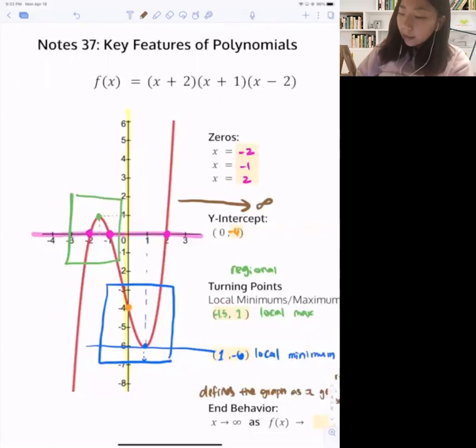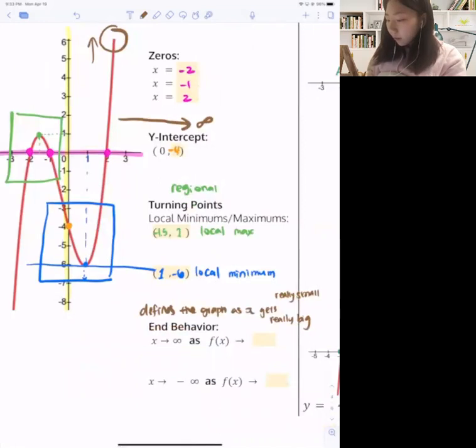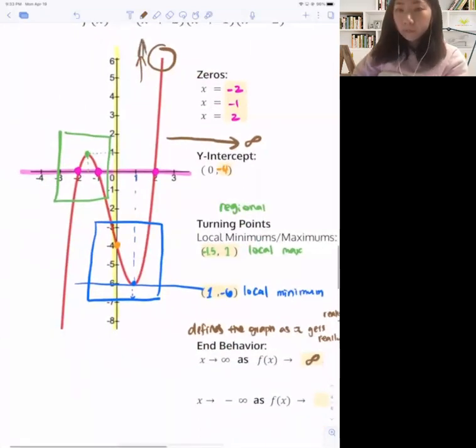We look at the direction. Approaching 2, we're moving upward. So this function will continue going upward even when x gets very far to the right. When x approaches infinity, our y function also approaches infinity because we are continuing to move upward.